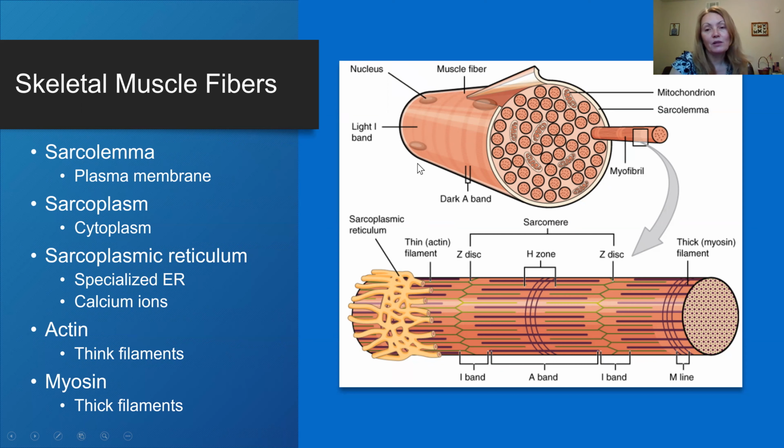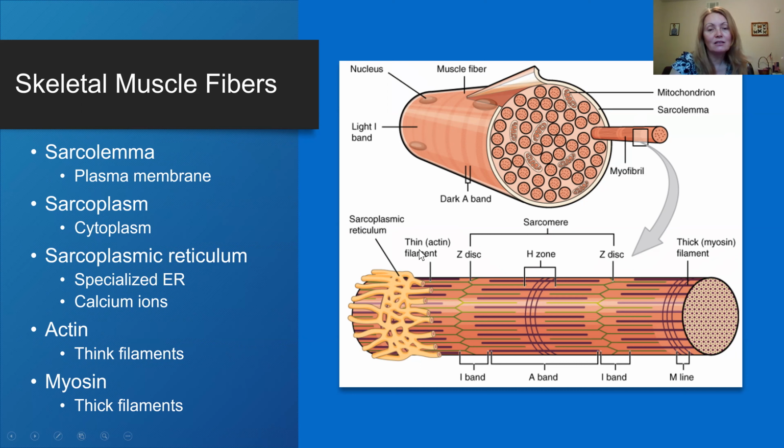Now, instead of cytoplasm inside the skeletal muscle fiber, we have sarcoplasm. Well, sarca means muscle. Instead of endoplasmic reticulum, we have sarcoplasmic reticulum. It's a specialized ER, right? It's a smooth ER, and one of the major functions of sarcoplasmic reticulum is to store calcium ions.